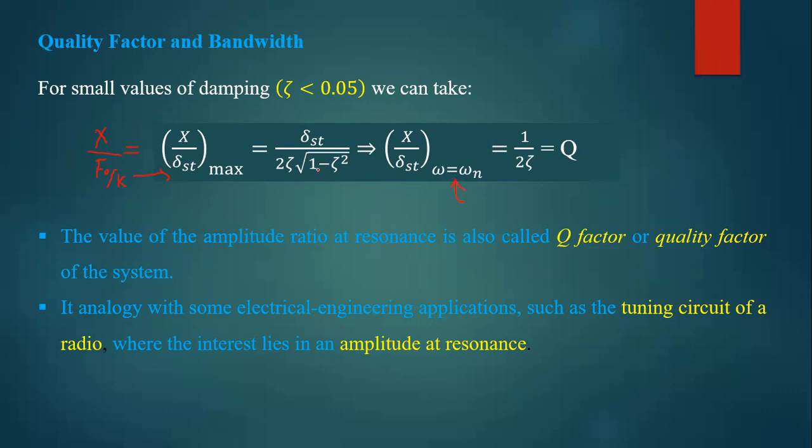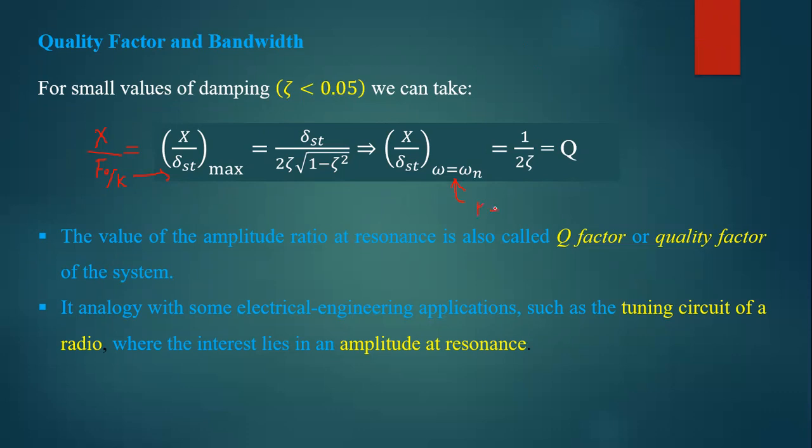So at resonance, the value of zeta goes to 1. No, resonance point means zeta is not 1 actually. It is omega over omega n, or r, equal to 1.